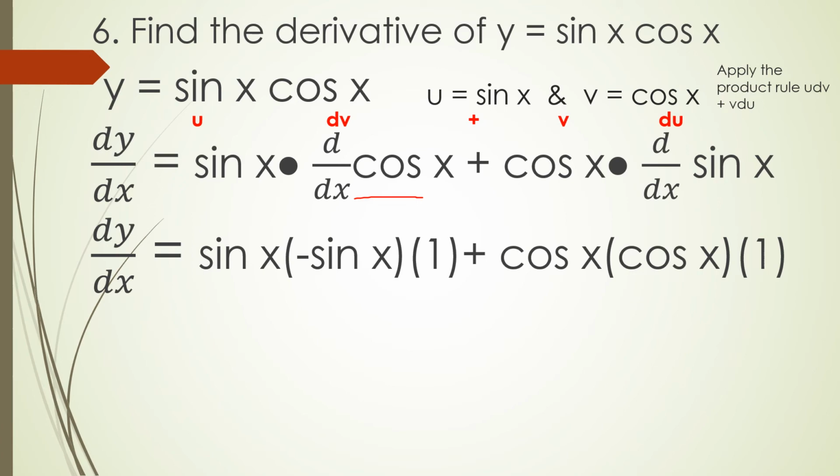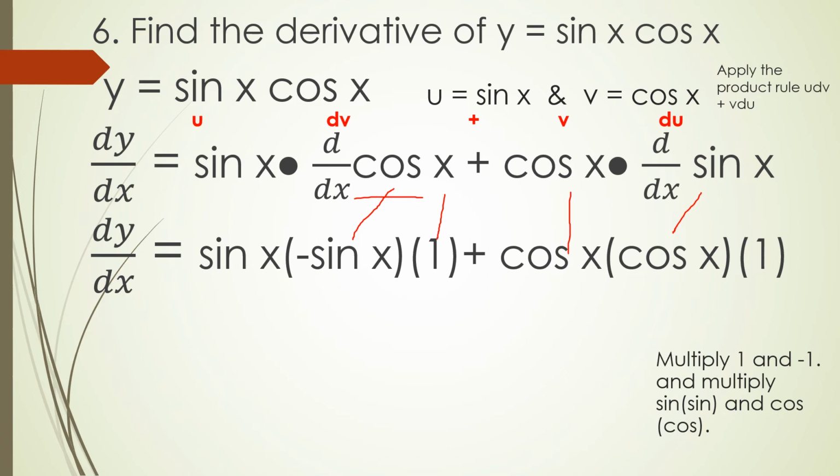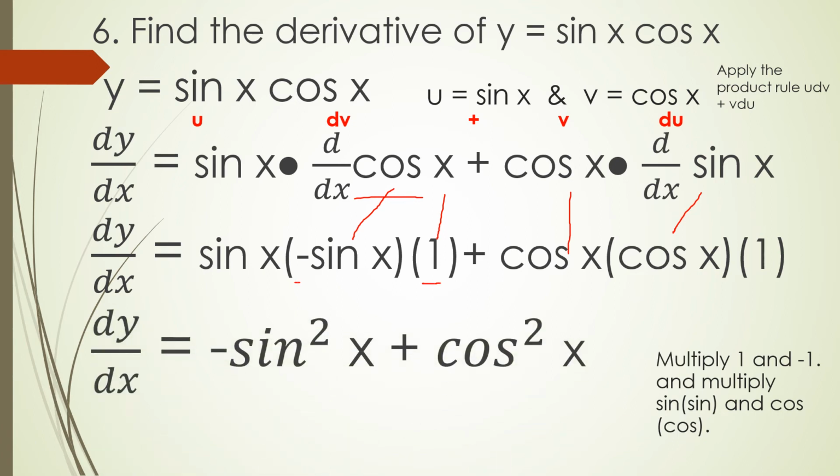We'll arrive with derivative of cosine is negative sine x, derivative of x is 1, cosine kopya, derivative of sine is cosine, so multiply 1 and negative 1, it's here, so negative sine squared x plus cosine squared x. Cosine times cosine, cosine squared. Sine times sine, sine squared.